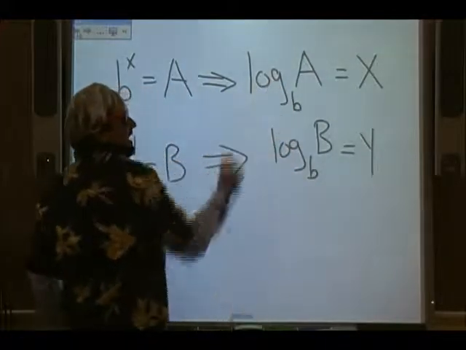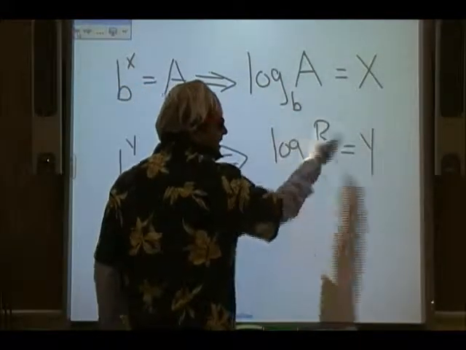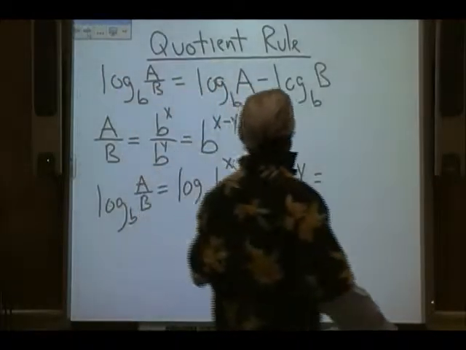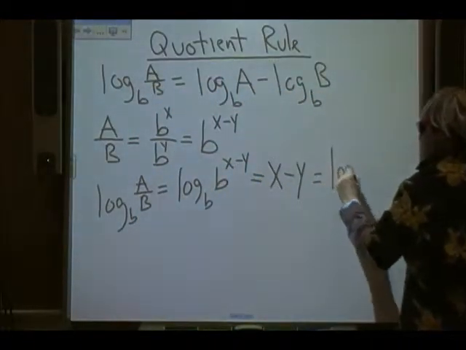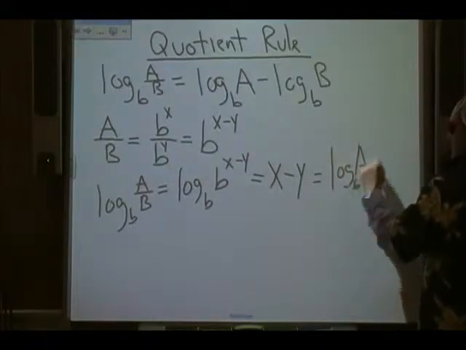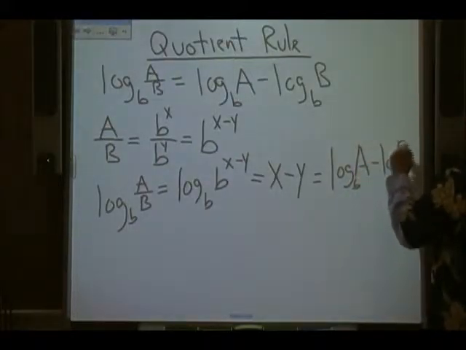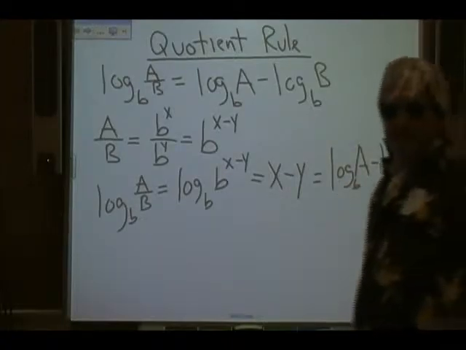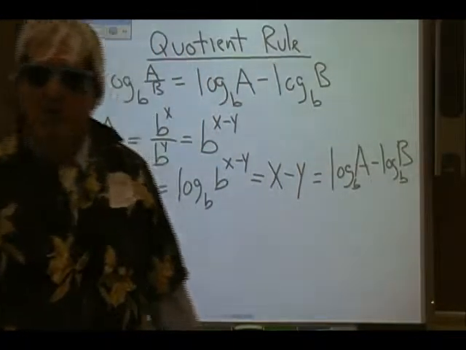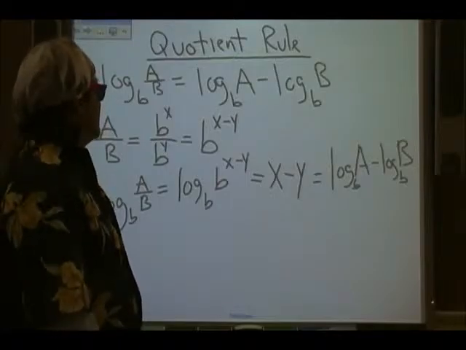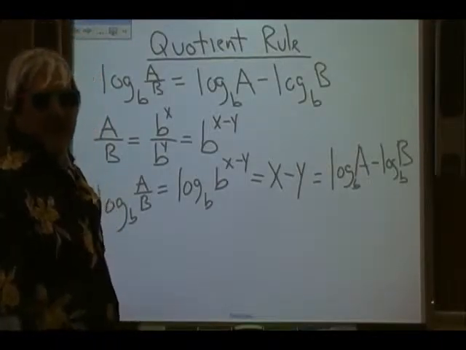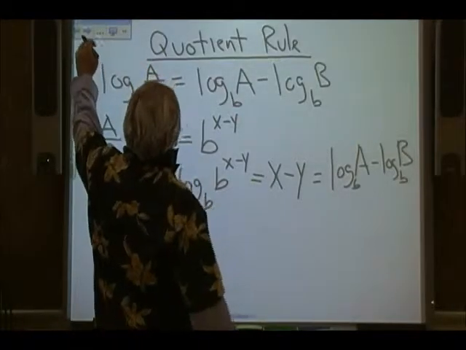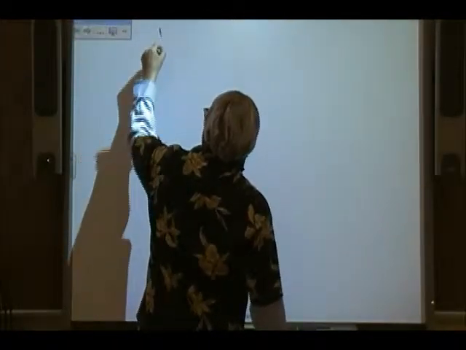X is log a in base b, and y is log b in base b. So it's log a in base b minus log b in base b. We just proved the quotient rule. Now the last one is the powers rule.